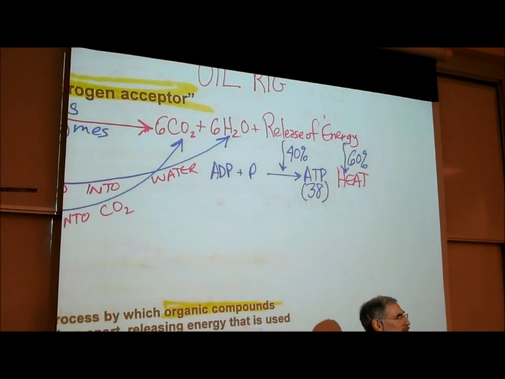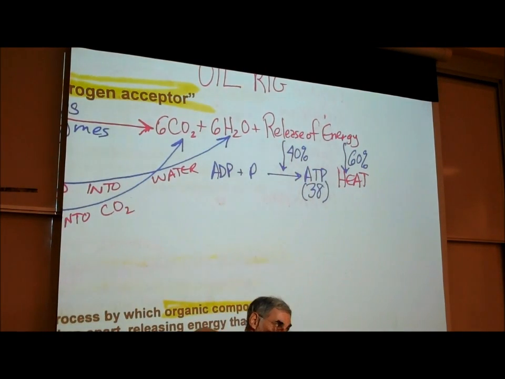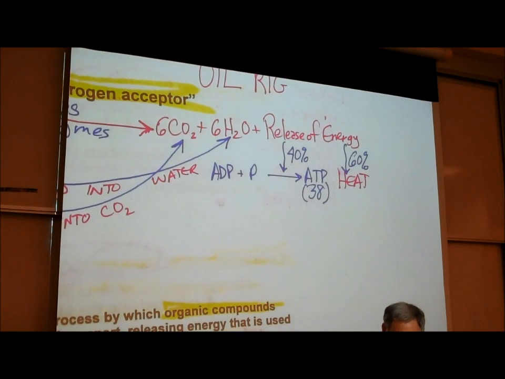And you also get hot, because, in fact, over half the energy that's released, that's in that sugar molecule, is released in the form of heat. And that, we said, was predicted by the second law of thermodynamics that we talked about on page F4. Whenever you convert one form of energy to another form of energy, some of that energy goes off as heat. In fact, the majority of the energy.